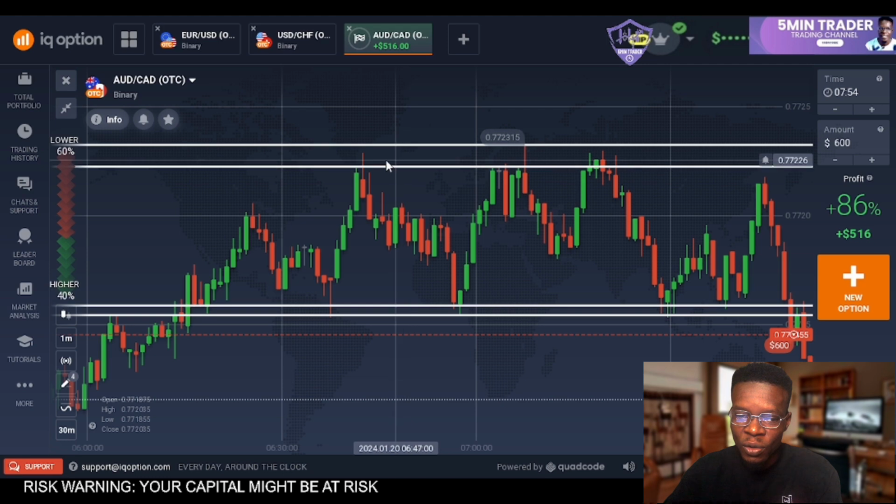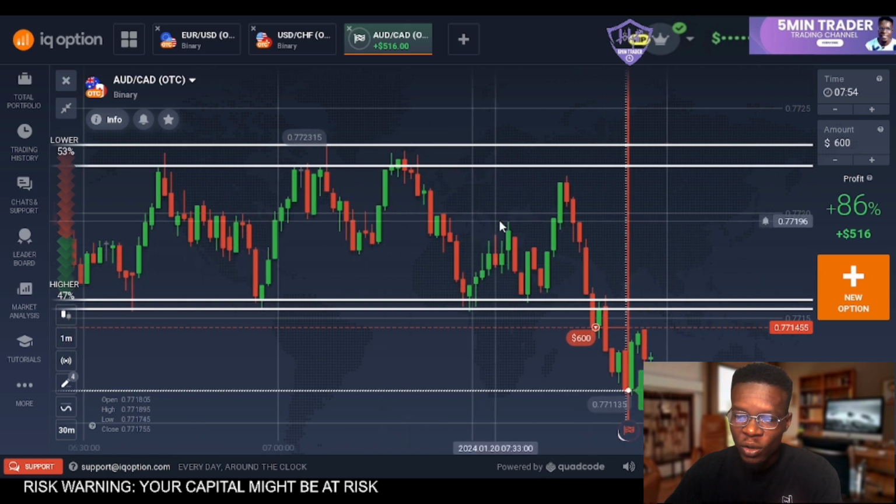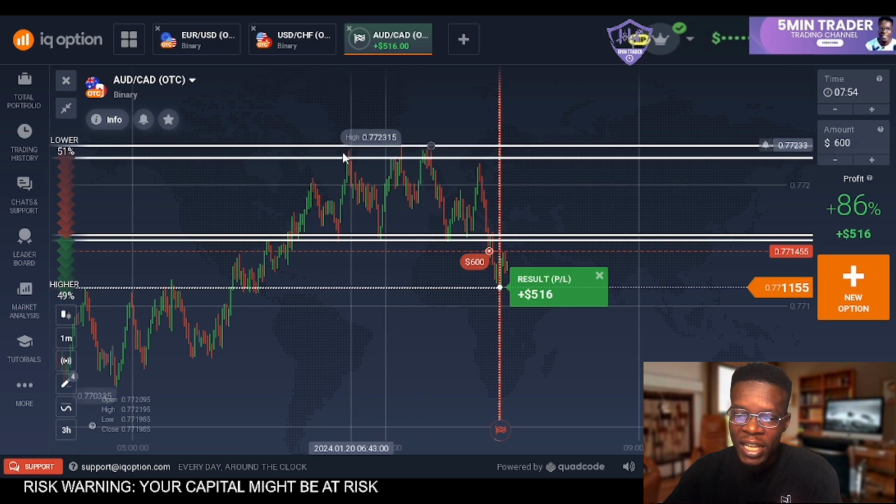This high is equal to this one, and then it came down again, and it didn't even get here. Then it rose up, created another equal high, came down again, created an equal low again, and then it went up, didn't reach this level, came back, created an equal low, then it rose and created an equal high. Which means that the price has been moving around this level.